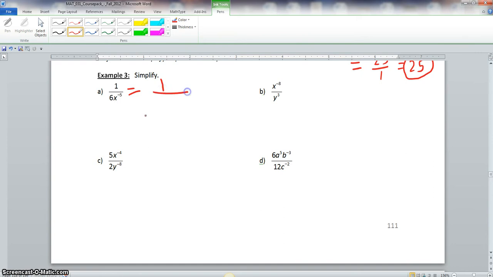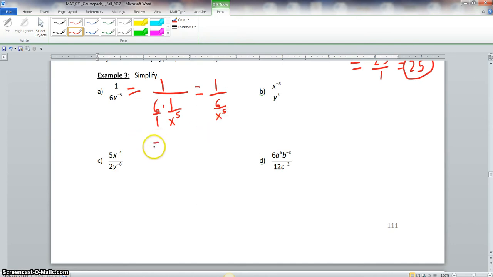This would be 1 over 6 times 1 over x to the 5th. Now we'll make this 6 over 1, so this would be 1 over 6 over x to the 5th power.